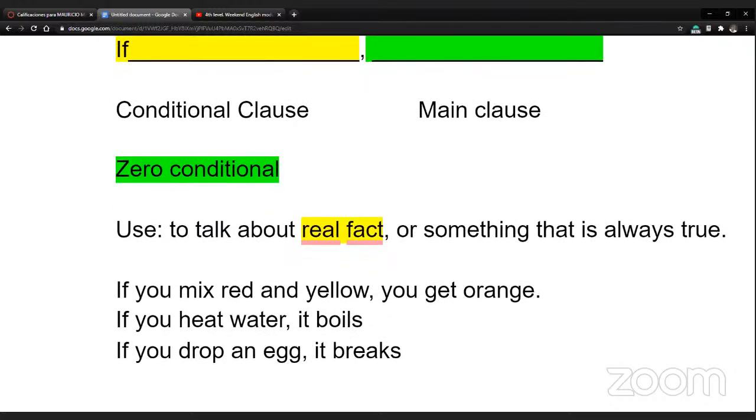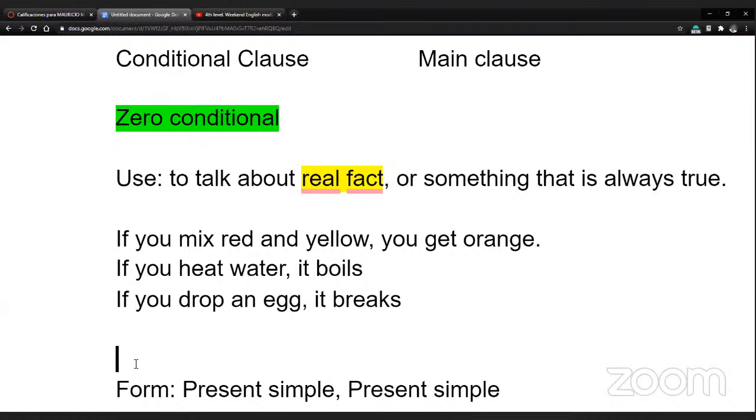So these are three examples of the zero conditional, used to talk about real facts or something that is always true. The three examples are actually real facts. They might be considered scientific, but I think they're real facts. If you mix red and yellow, you get orange. You heat water, it boils. You drop an egg, it breaks. This is the zero conditional.